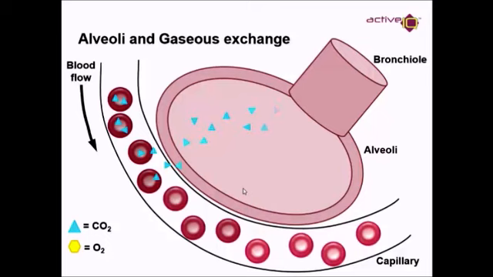So through the process of diffusion, the CO2 will diffuse into the alveoli and that will get breathed out, okay? Oxygen, which is the yellow hexagon shape there, is being breathed into the body.